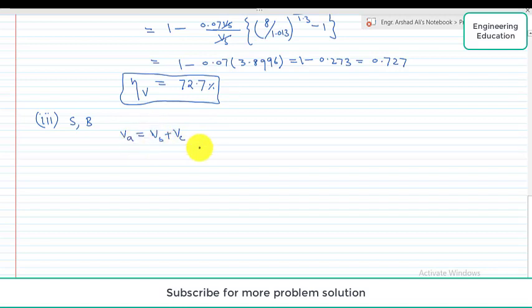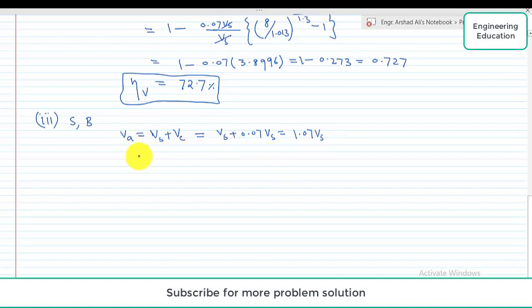We have carried out these calculations earlier in the previous problems as well. So this is easy now. So swept volume plus clearance volume, where clearance volume is 7% of the swept volume, will become 1.07 Vs.